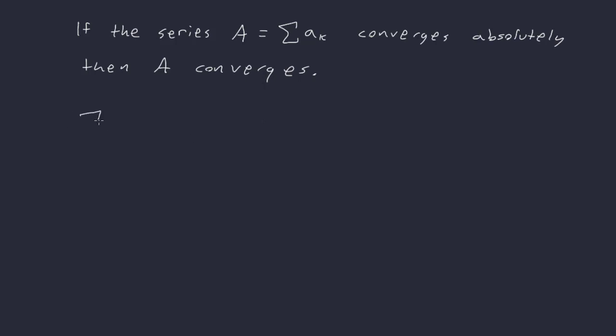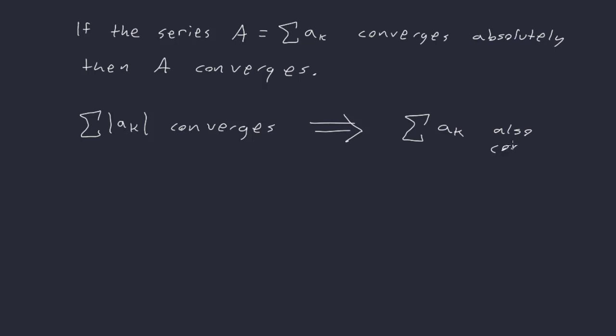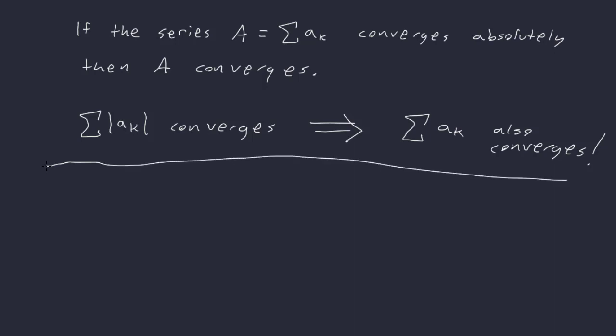So in other words, if the series of absolute values converges, this gives us automatically that the series with, say, negative values in it also converges. That can be important if you're looking at a series and you don't want to think about the negative values.